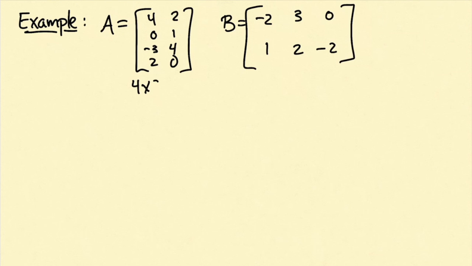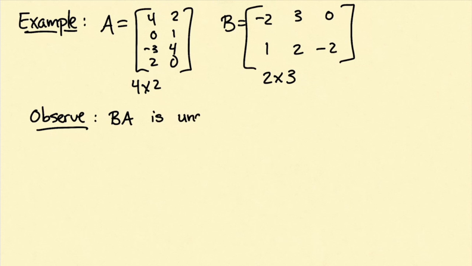Matrix A is a 4 by 2 matrix. Matrix B is a 2 by 3. For dimension considerations alone, we cannot form the product B times A because the dimensions simply do not match up. We can only form the product A times B.